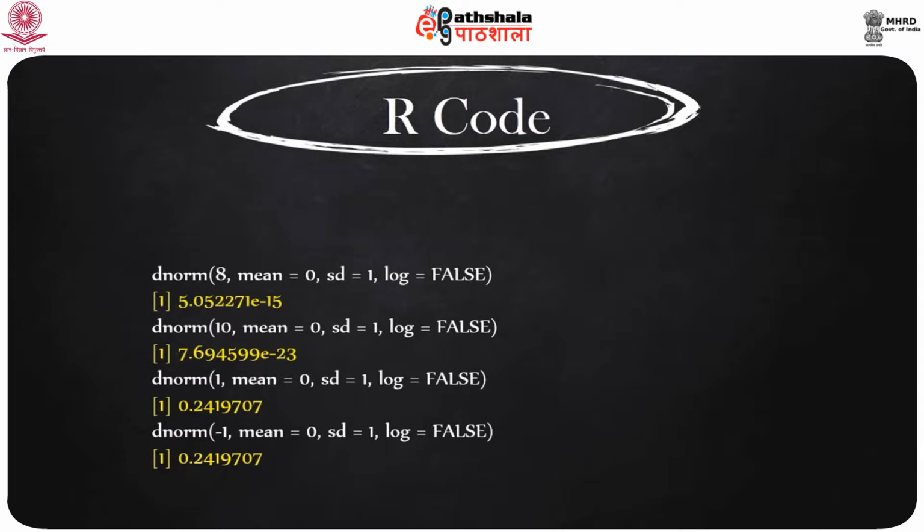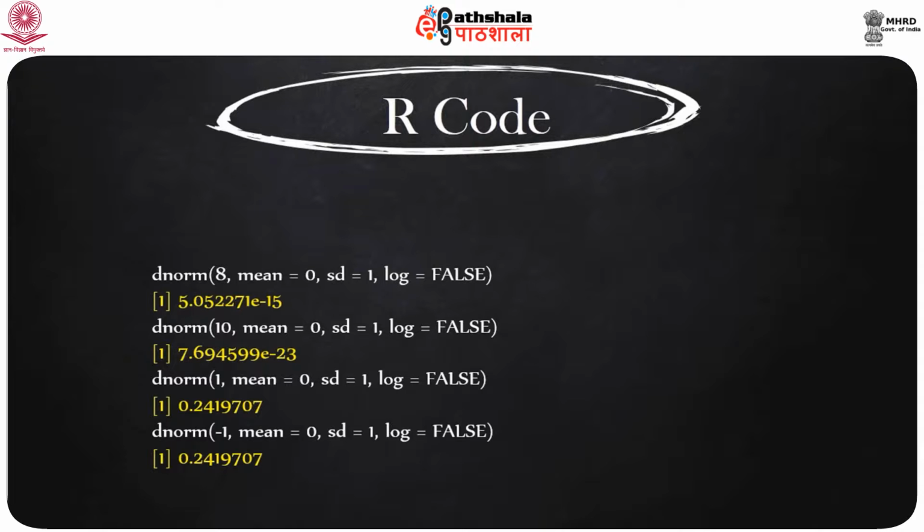Another interesting fact is that the normal distribution is symmetric about its mean. Here, since we are taking the standard normal distribution, it is symmetric about 0. So, if you put x = 1, you will get the density that is given here.